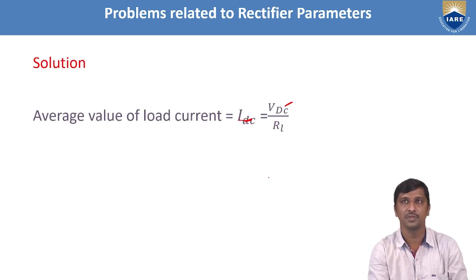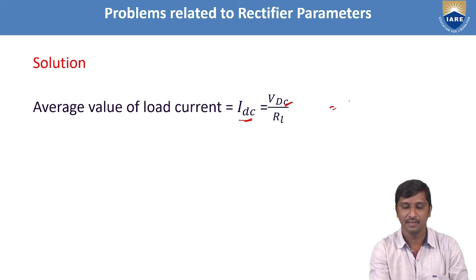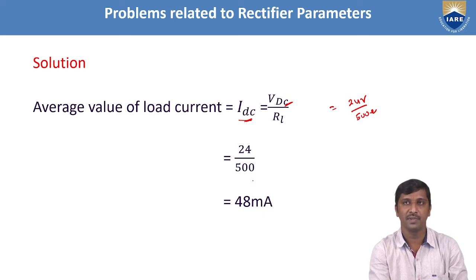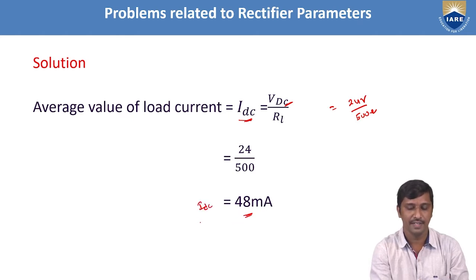Substituting, VDC 24 volts divided by 500 ohms, this ratio gives 48 milliamperes, and this is your IDC value.